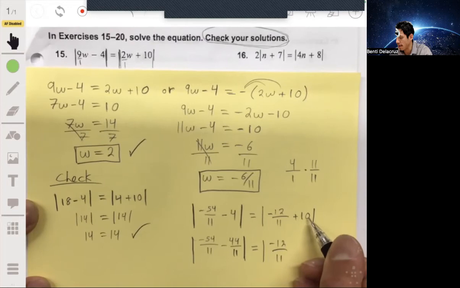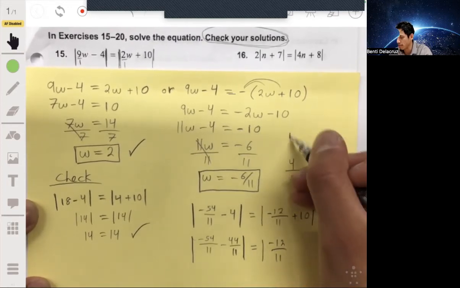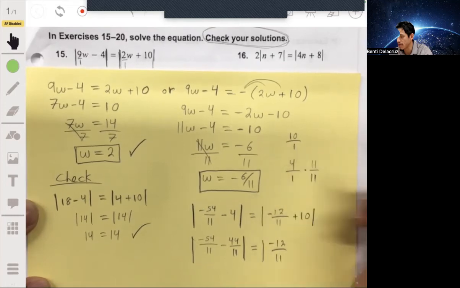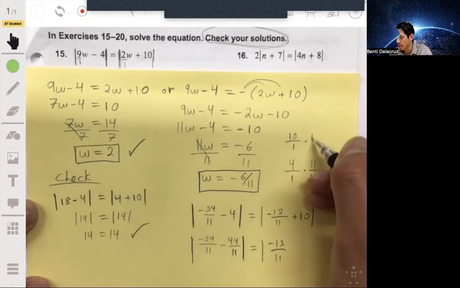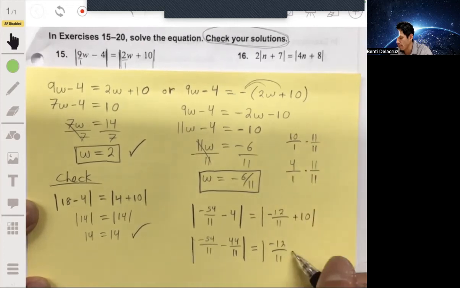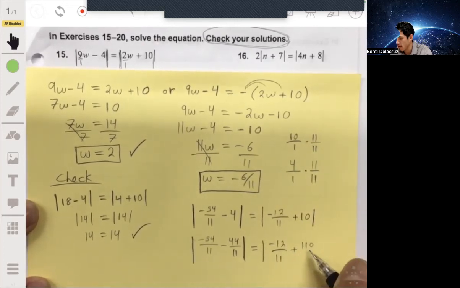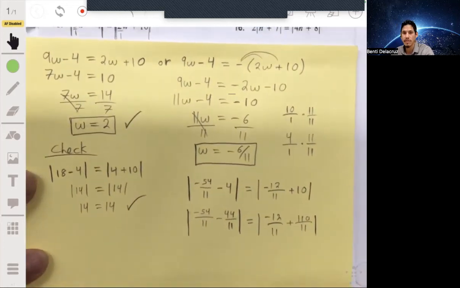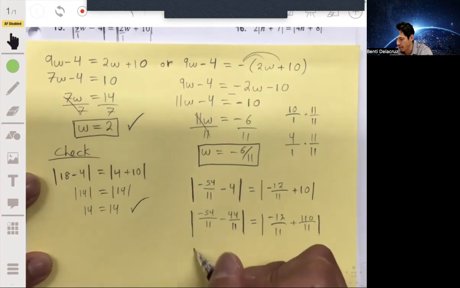And here we have a 10. We want to make the 10 have a denominator of 11. Remember, 10 is the same as 10 over 1. So again, multiply this 10 by 11 over 11. So we'll have 110 over 11. So plus 110 over 11. Then we can just simplify by adding.